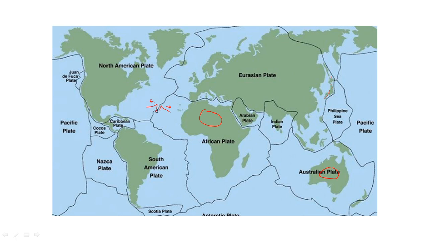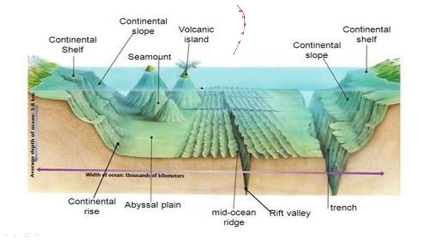And they are like a chain of volcanoes that produce new seafloor, que producen nuevo fondo oceánico. So this is the mid-ocean ridge. Here you cannot see because the slope is very low, but it's like a mountain.